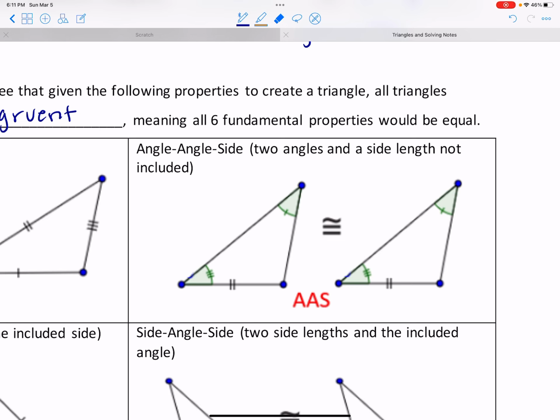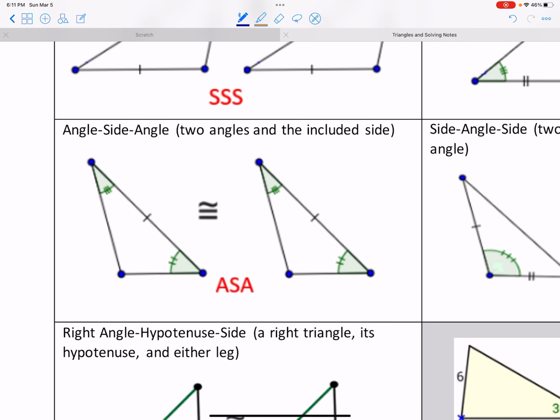Okay, we have another. It's called the angle-side-angle congruence theorem. So again, even though we have 6 properties for this triangle or for any triangle, if I have two angles congruent and the included side, so this time it's angle, side, angle. The side is right in between those two angles, and that's what we see in the picture.